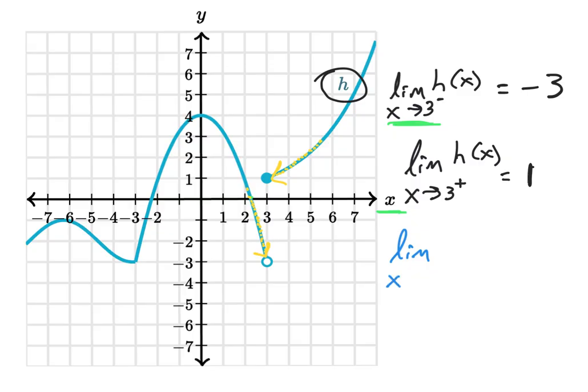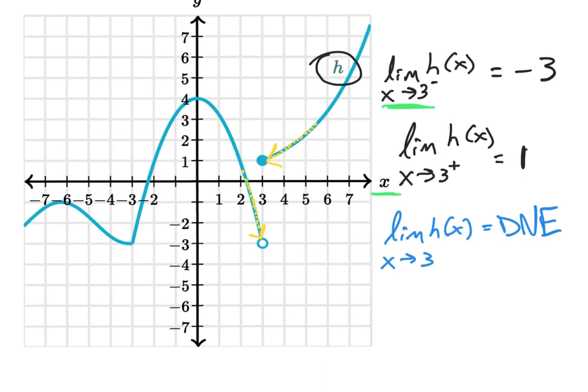Let's say we're taking the limit of h of x as x approaches 3. And so this, because there's no plus or minus after it, we're going from both sides. And as we approach from both sides, one is negative 3, one of the answers. The other one is positive 1. Those are not the same. And so it might have said, hey, what does that limit equal? And we can say, oh, this actually does not exist. The one-sided limits are not the same.